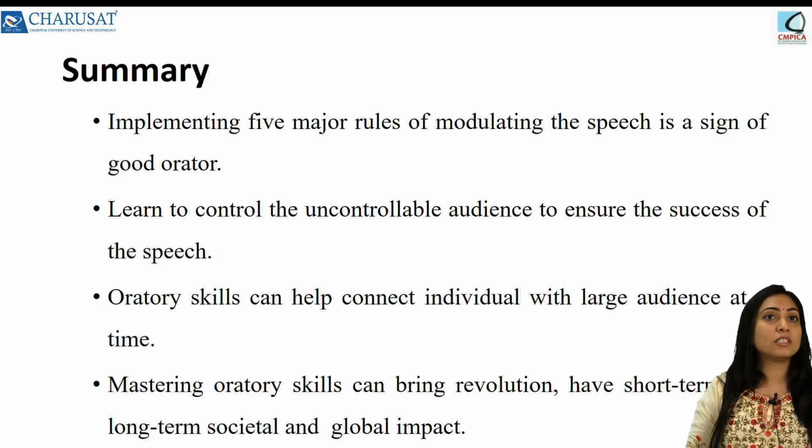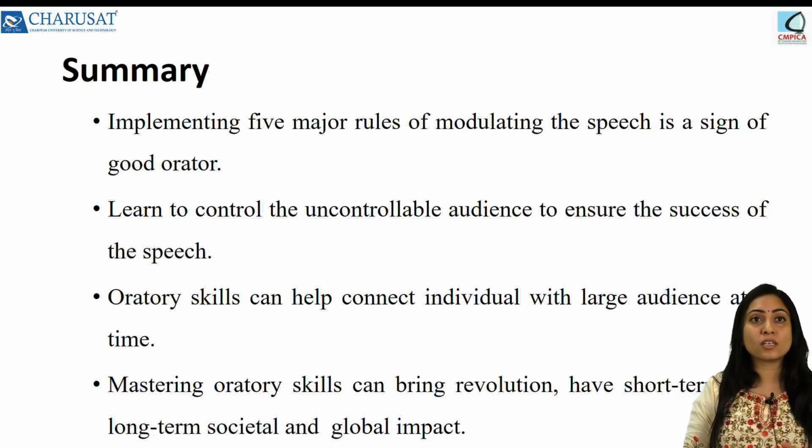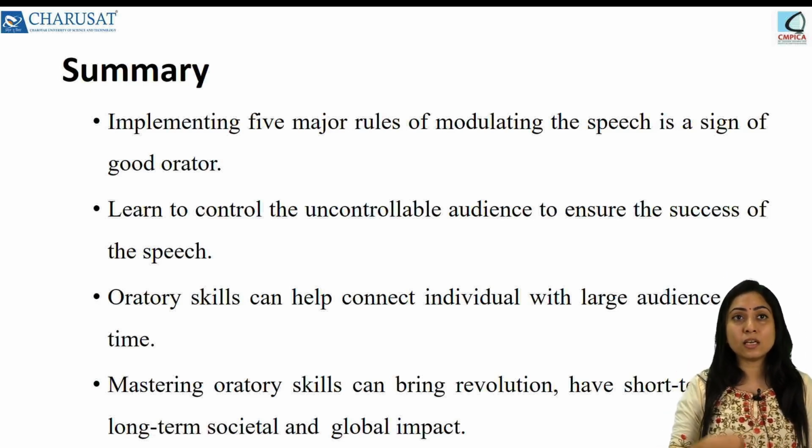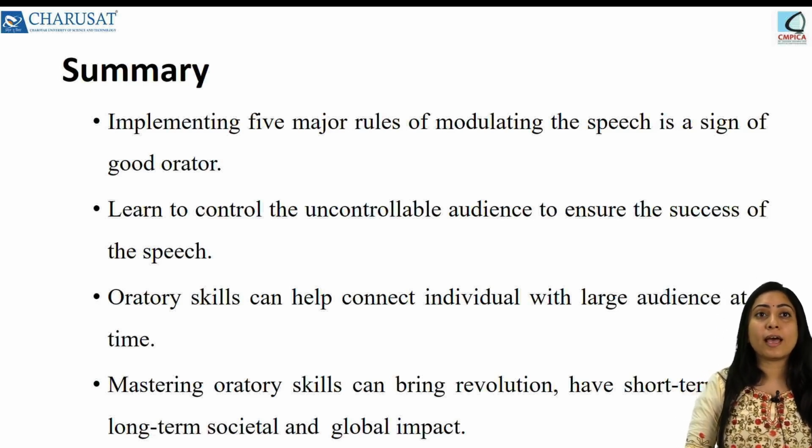All of this is very difficult to hold, and therefore it is understood to be an uncontrollable aspect, but a good orator always knows how to control it. So there is no uncontrollable aspect, but rather only the skills that are required to see and control, that will bring the success of the speech.